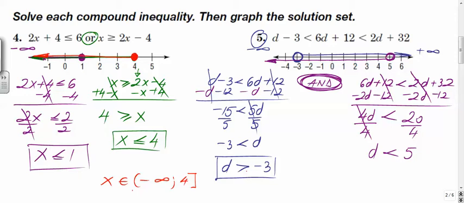Less than 5, greater than negative 3. Your answer will be everything in this interval here between negative 3 and 5, all the numbers. Or you may say d should be part of the interval negative 3 to 5, excluding your endpoints, right? Make sense? Let's try another one.